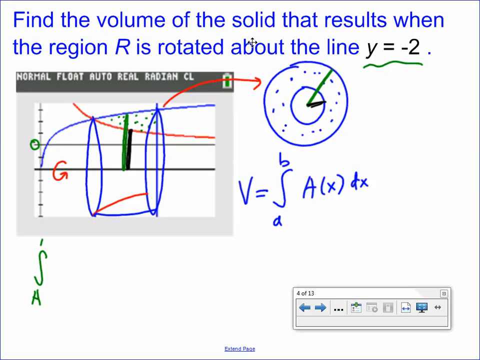Now we'll do the formula for our cross section. Our cross section A is a washer whose area is given by pi R squared minus pi r squared, where R is my outer radius that's larger and r is my inner radius here in black that's smaller.